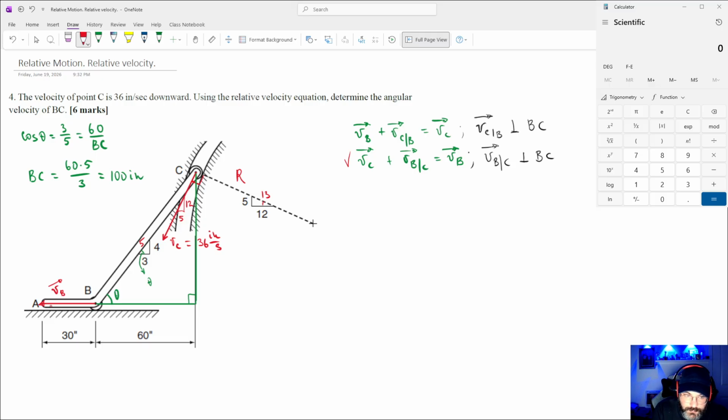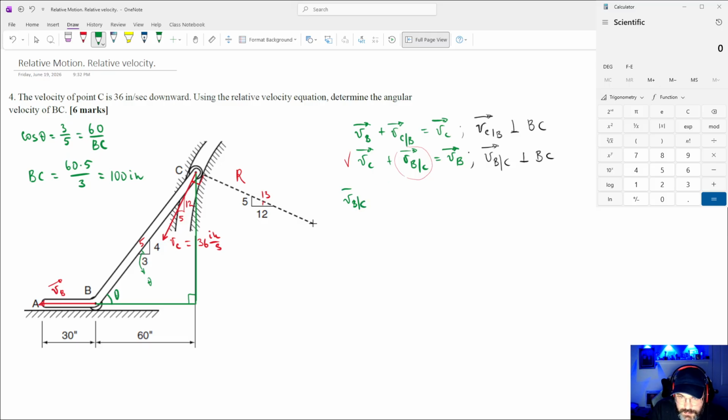Okay, here we see velocity C, we know velocity B, and about velocity B, we know its direction, but we do not see this vector right there, right? So that is why I usually recommend to rearrange this equation so we get this vector naturally, rather than trying to fit it into this triangle as is.